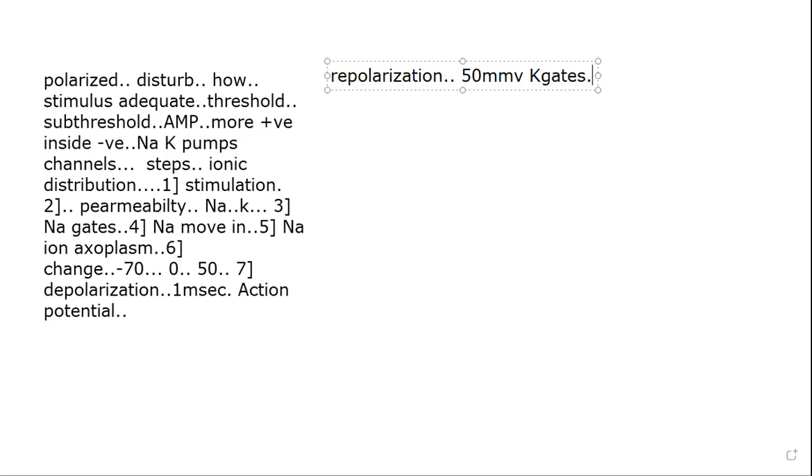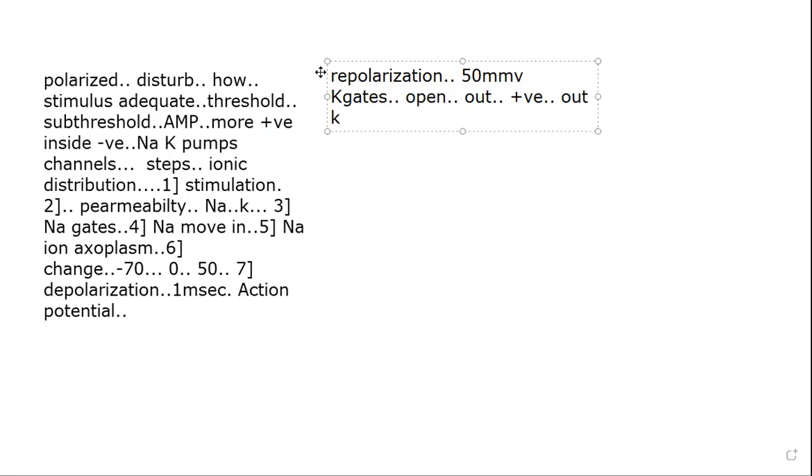These potassium gates will start to open, and they will allow potassium to move out of the cell. That means positive charge is going to start to move out in the form of potassium.